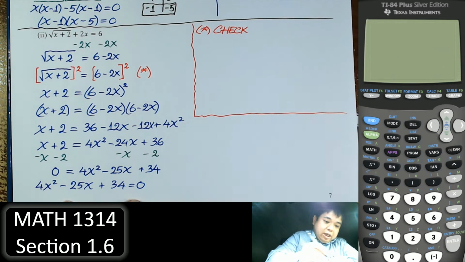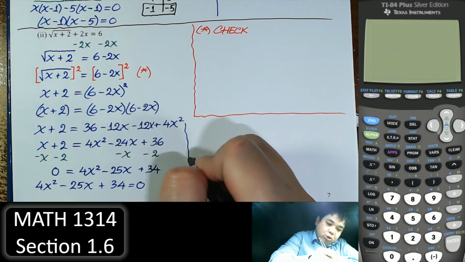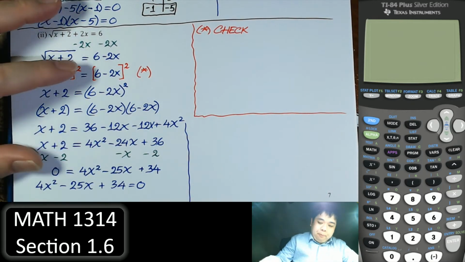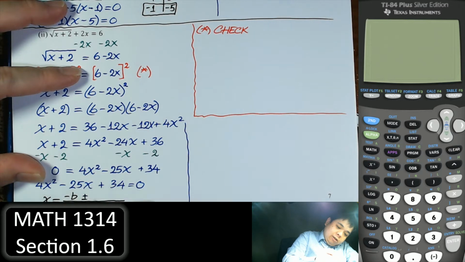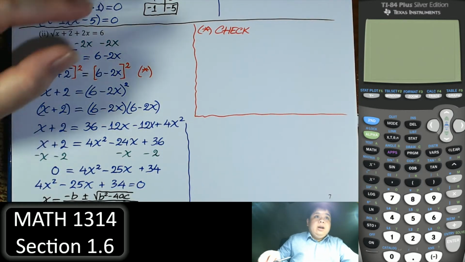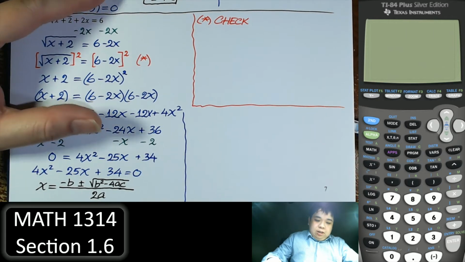The numbers are this big, so probably we should just use the quadratic formula here. Right?